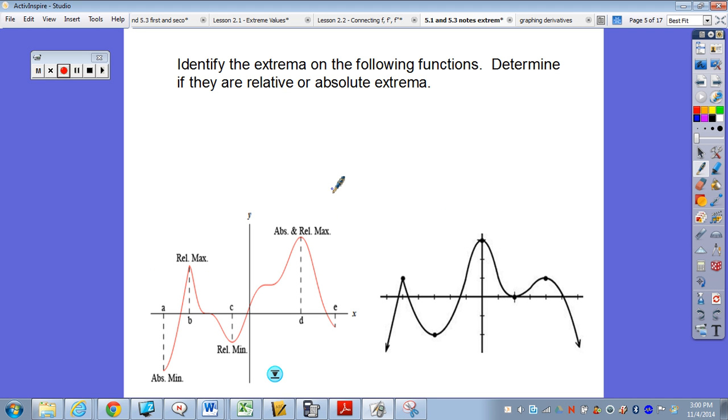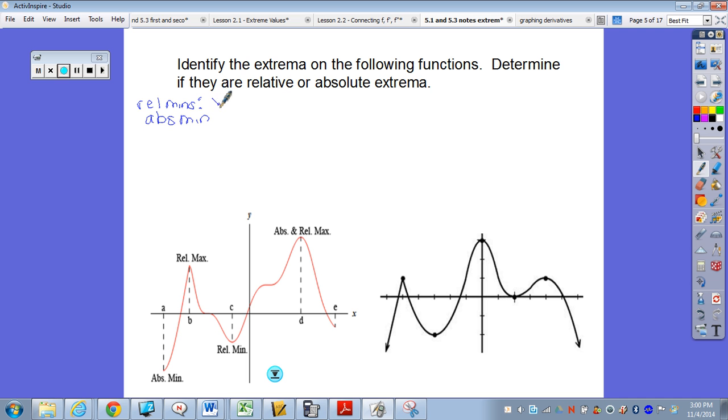So we have two examples, and it says identify the extrema on the following functions, and determine if they are relative or absolute extrema. So the first one, they kind of pointed them out for you, but we're going to state them. They only give us the x coordinates, we don't have the y's, so I'm going to state it in terms of the y's. The relative mins are at any of the places where it's the lowest on the graph in the area.